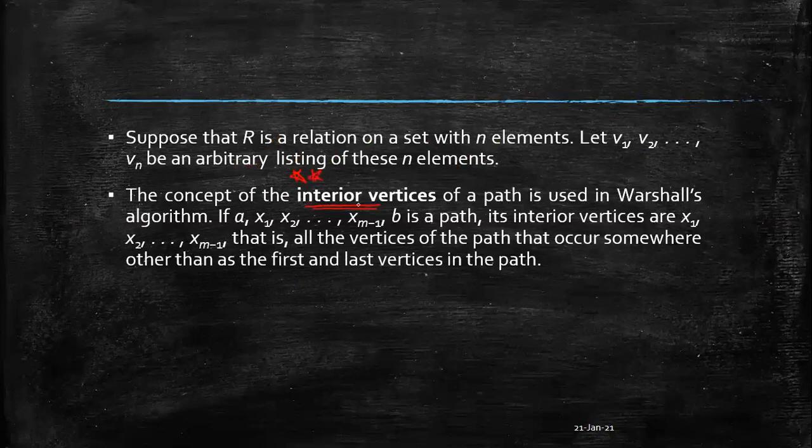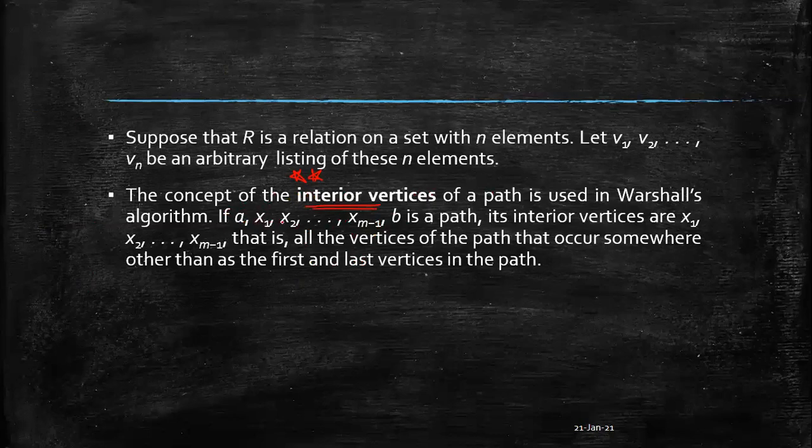Now, what is an interior vertex? The concept of interior vertices of a path is used in Warshall's algorithm. Suppose the path is starting from A and ending at B, and in between we have some m minus 1 vertices. Then excluding the initial and the terminal vertex, all the other vertices are known as interior vertices.